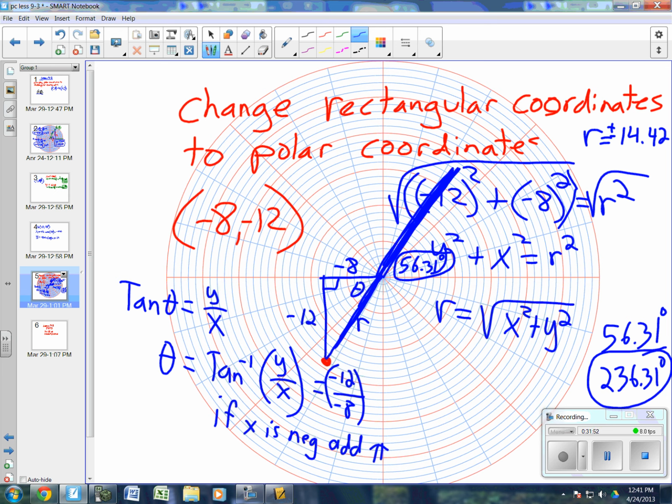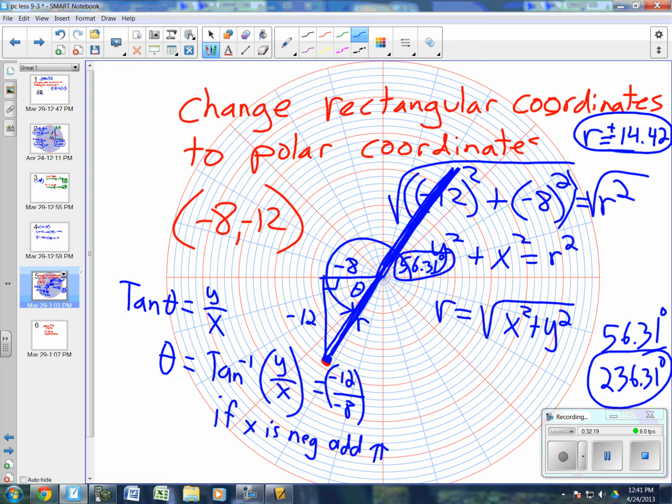And since I named this angle, I'm going to use the positive of the r value, so it's 14.42. In other words, I turn an angle of 236.31, and then I go out 14.42. And there's the same point as we got by going negative 8, negative 12 on the rectangular coordinate system. Got it?